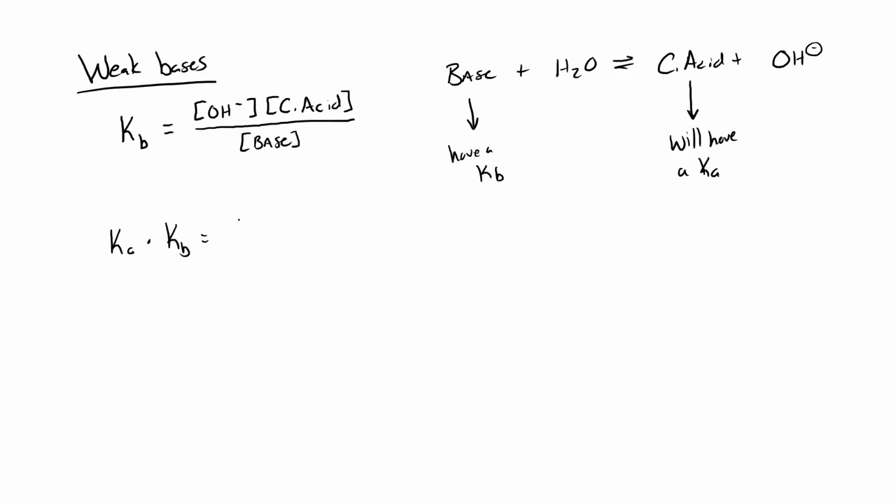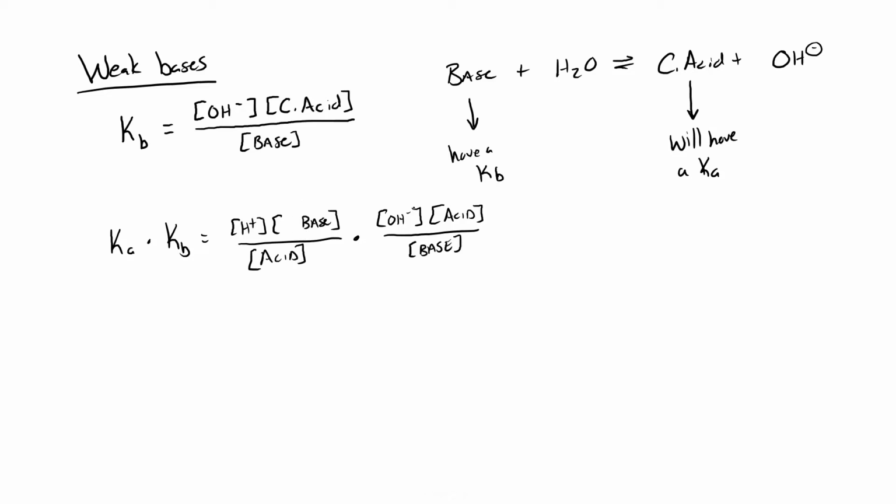Ka will be the concentration of H+ times the conjugate base divided by the acid, and Kb will be the concentration of OH- times the acid over the base. I should have taken out the conjugate in the first one, but because these are conjugates of each other, this also works.